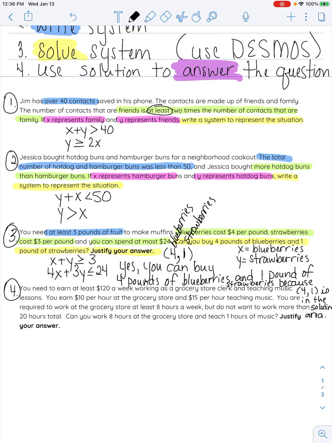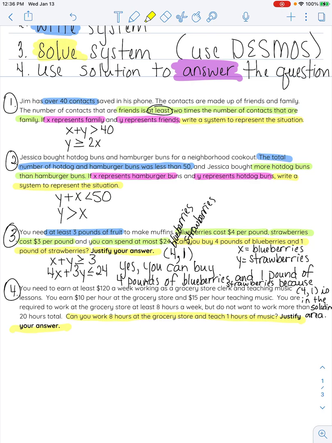Can you work 8 hours at the grocery store and teach 1 hour of music? Justify your answer. That right there is my question. Can you work 8 hours at the grocery store and teach 1 hour of music? So it seems to me like I'm going to have to write a system and use that to solve.